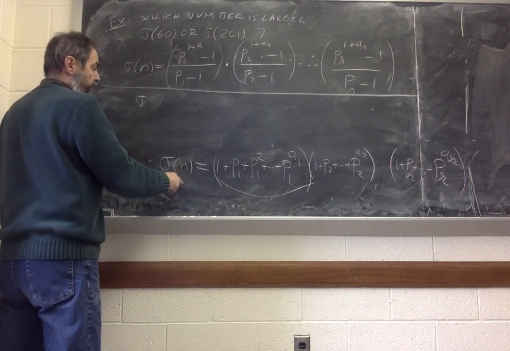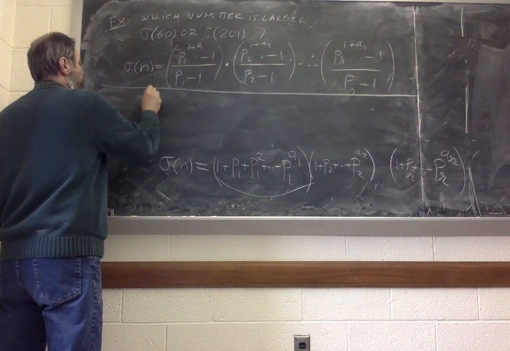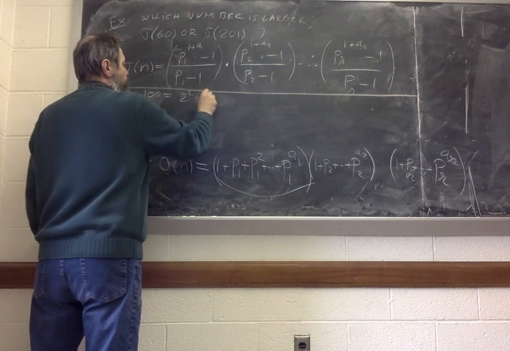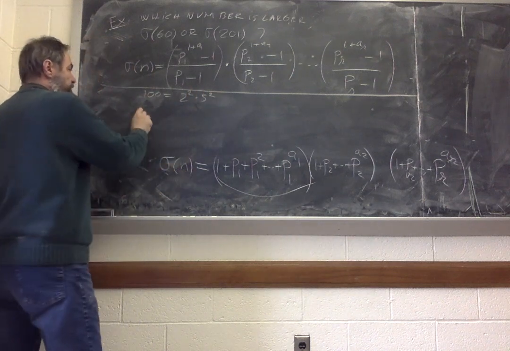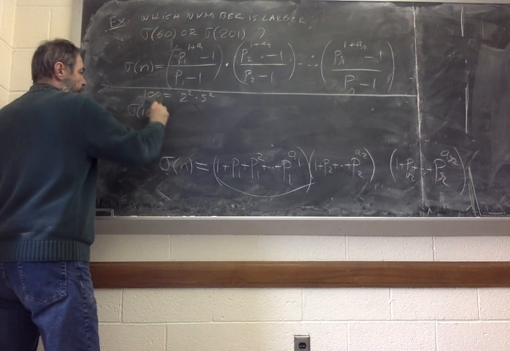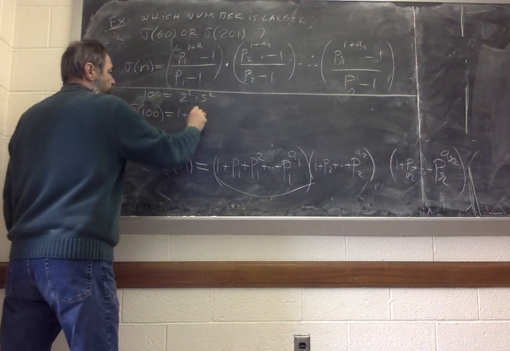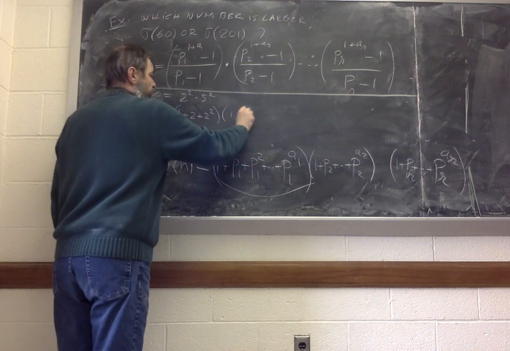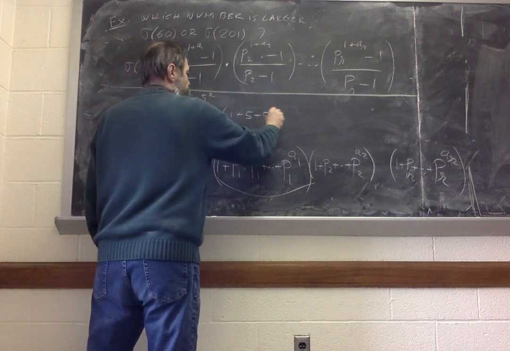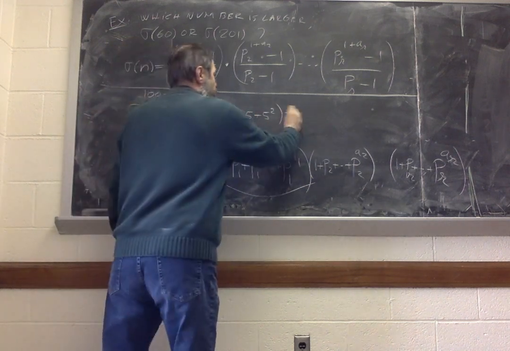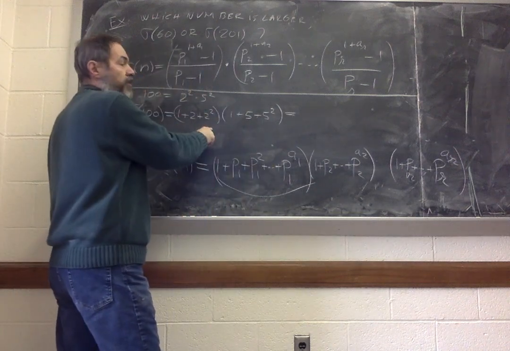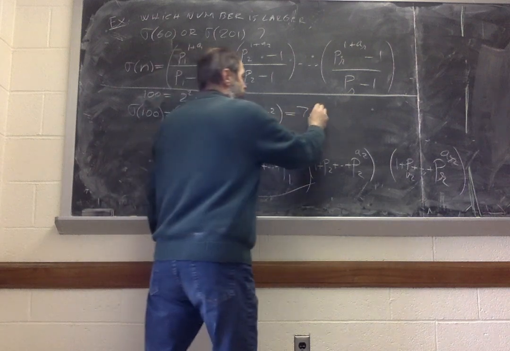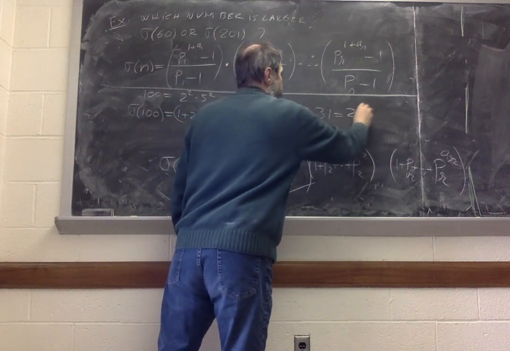If I compute it by this formula, I have 100 is 2 squared times 5 squared. By this formula, it says that sigma of 100 is 1 plus 2 plus 2 squared times 1 plus 5 plus 5 squared. We know that this number is equal to 7. This is equal to 31. The product is 217.